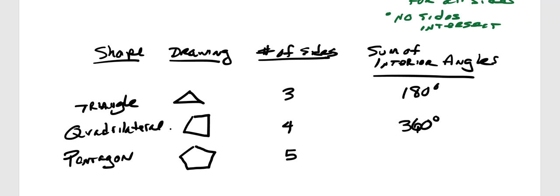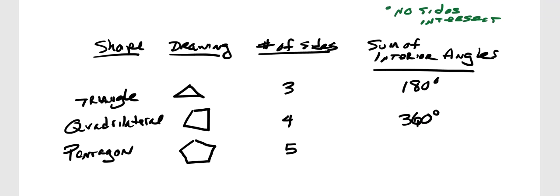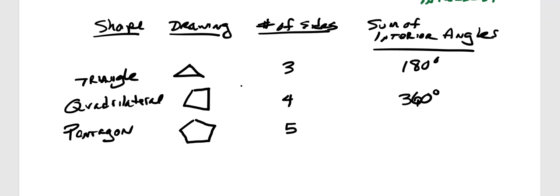Now I'm going to see if I can use some of the information I have already from what should be more common knowledge to maybe make a prediction about how many degrees the interior angles add up to, or what the sum of the interior angles is for a pentagon. So we know a triangle started with 3 sides and it had 180 degrees.